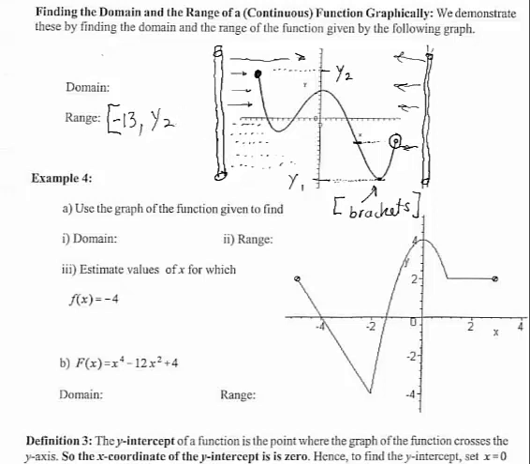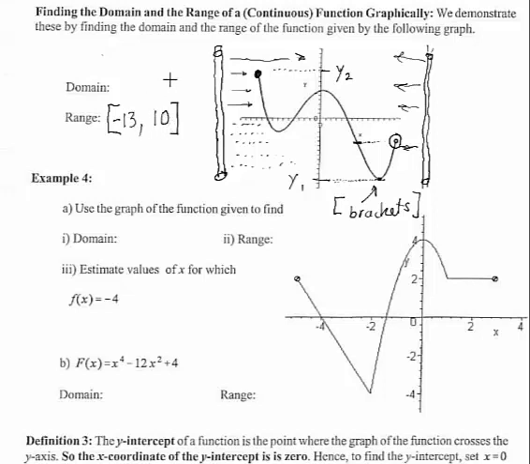Now I need to find the coordinates for y2, the upper limit of my range. 1, 2, 3, 4, 5, 6, 7, 8, 9, 10, positive 10, and that was a solid dot, and so that would be assigned a bracket as well. So what I'm saying here is that the only output values that I can have for this function are between negative 13 and 10, and they include those numbers themselves, negative 13 and 10.